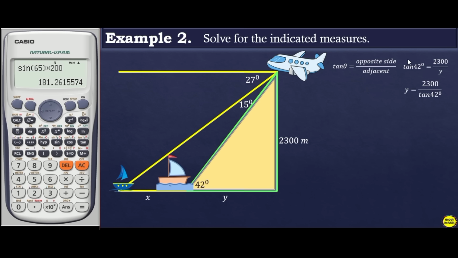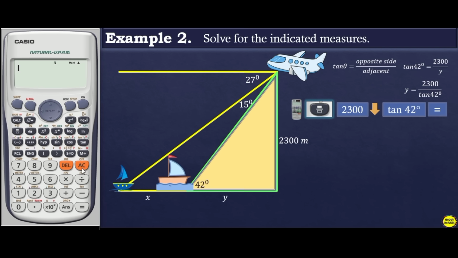So, y is equal to 2,300 over tangent 42 degrees. Dapat alam mo kung ano ang isosolve mo, alam mo kung ano yung equation or formula. So, using calculator, let us solve.